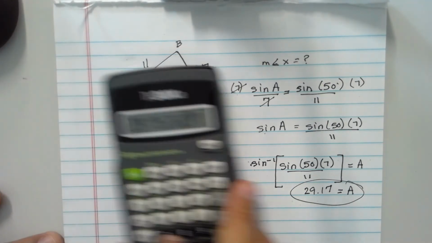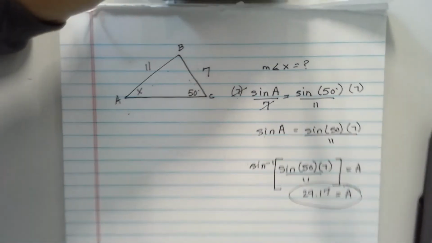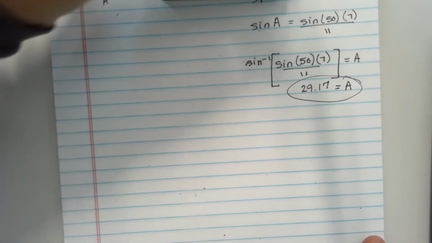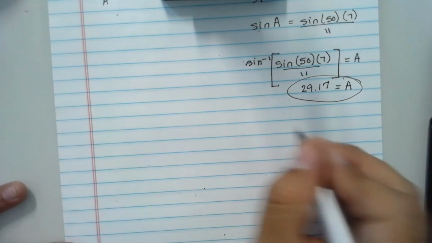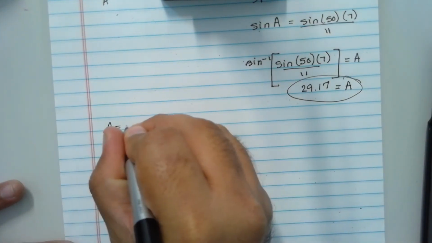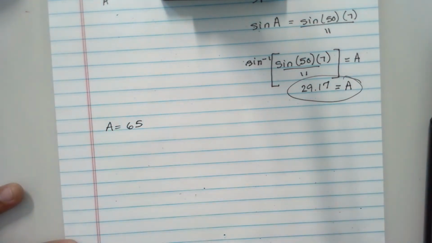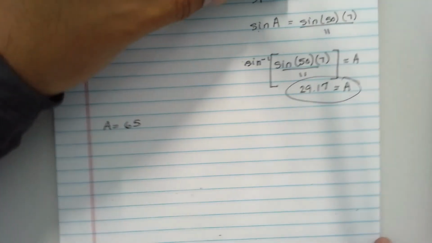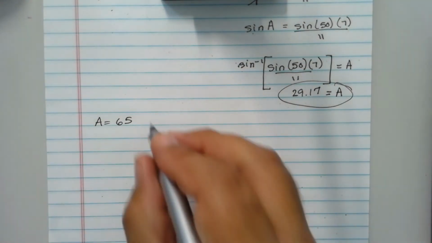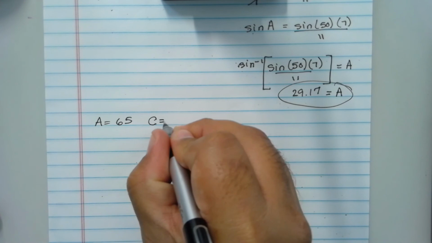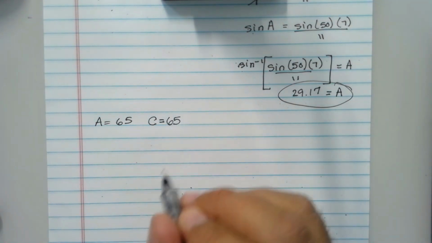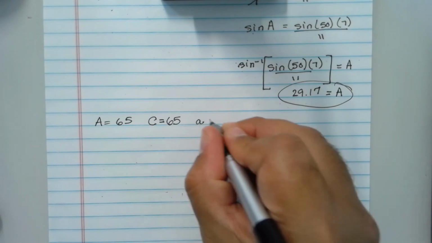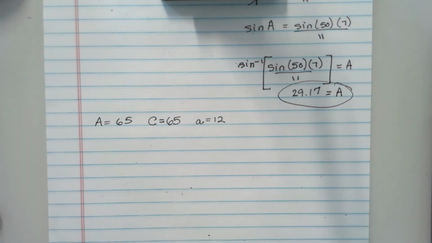And in the scenario when they give you this here, where you don't have the triangle, but you're just given this information, A is equal to 65. All right. They give you capital C is equal to 65, and they give you lowercase a, which is 12.